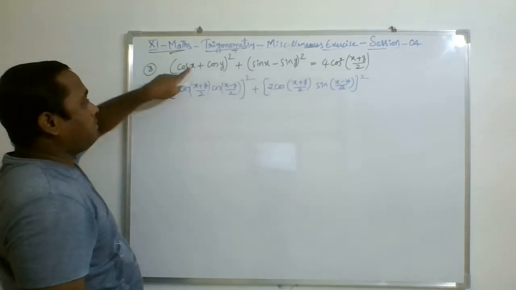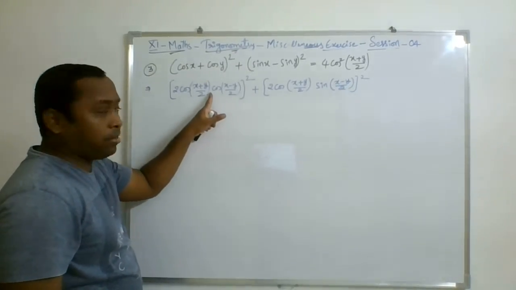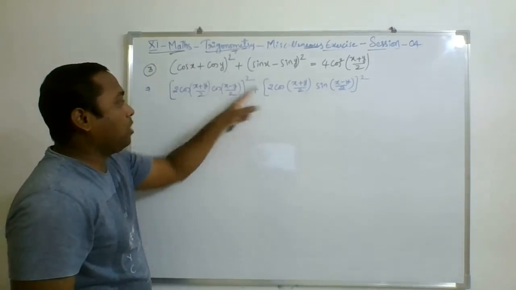I have applied the formula at the beginning. Now open the square. Since it's a multiplication, you can directly open the square.